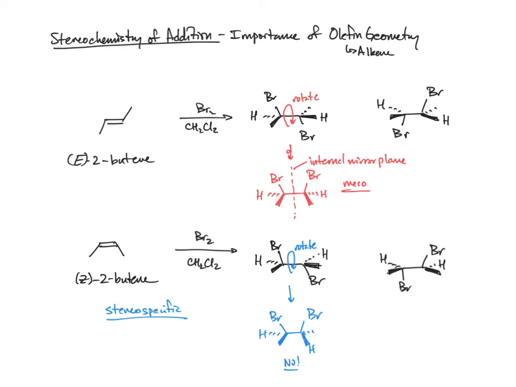Stereospecific relates to looking at the nature of the product that is formed and being able to infer what, say, the starting geometry of the alkene was based on how the mechanism proceeds. So the same conditions, different alkene geometry. This results in a meso compound. This results in a set of enantiomers.